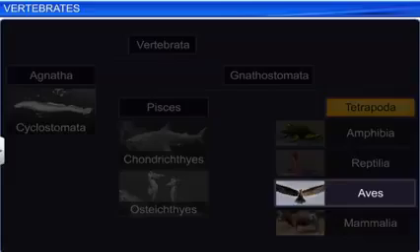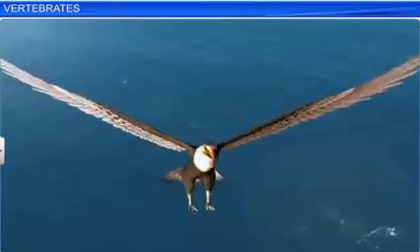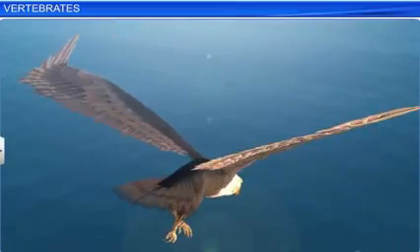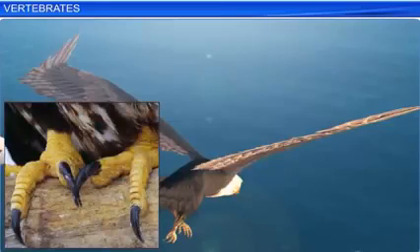The next class is Aves, which consists of birds. Members of this class are characterized by feathers. Their forelimbs are modified into wings, while their hind limbs generally have scales and are modified for walking, swimming, or clasping.